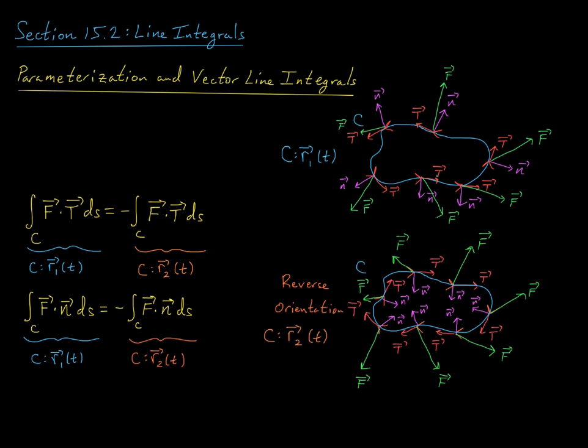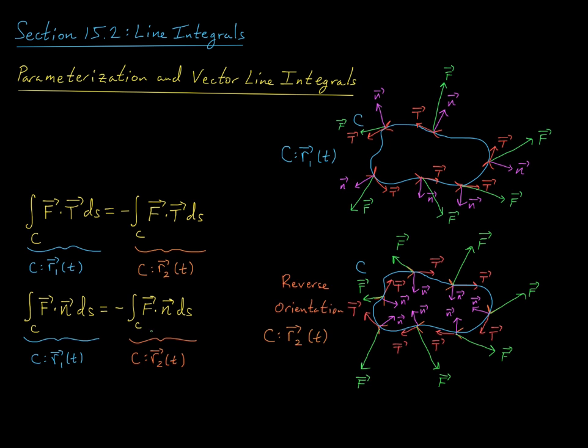By replacing T with negative T and replacing N with negative N, but keeping F fixed, the dot products here with F and T and F and N are going to be the opposites of what they are up there. So the punchline, of course, is just that by changing this parameterization, by reversing orientation in this way, we're going to get circulation and flux integrals that are equal but opposite.